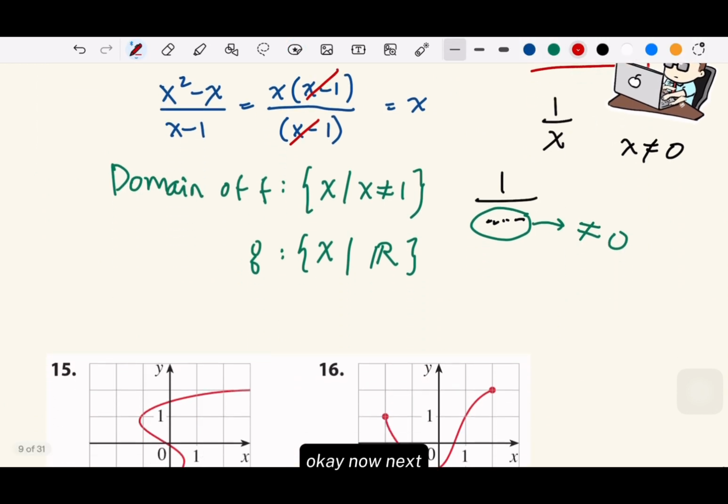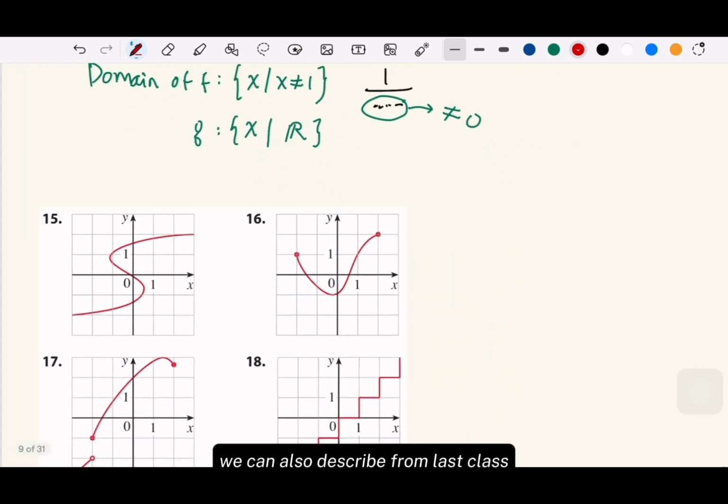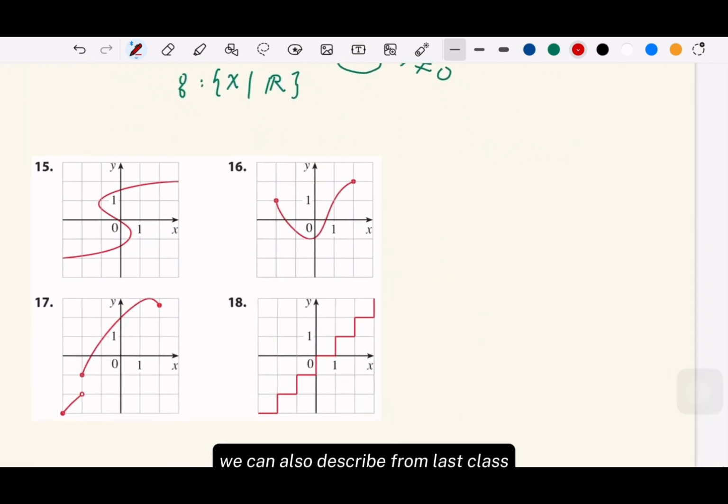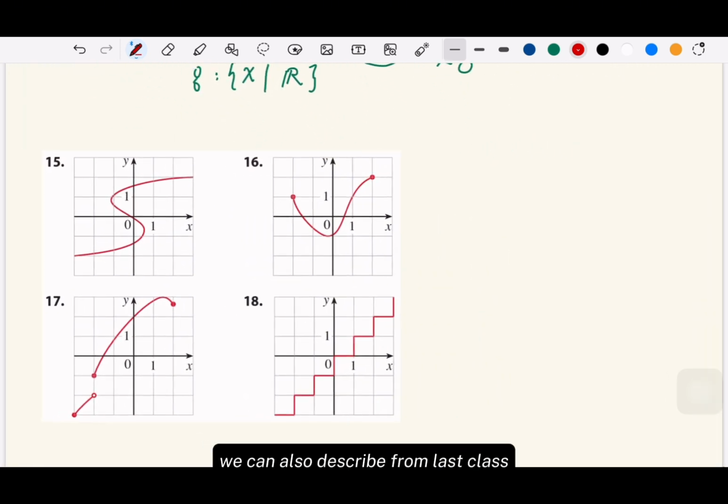Okay, now next, we can also describe from last class. Let me show you, we have 4 pictures, 15, 16, 17, 18, this is actually from the textbook. Between all these 4 pictures, which one is the function?